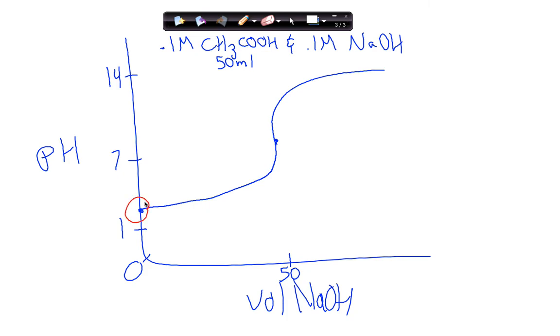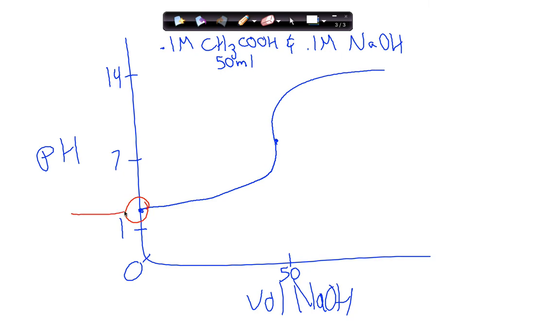So guys, let's talk initial pH first. So how do we find the pH? And guys, think about this question outside the context of a titration. How do we find the pH of a 0.1 molar acetic acid solution? Icebox it, right?